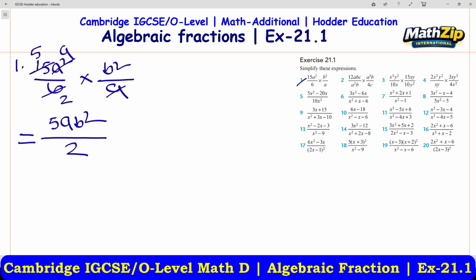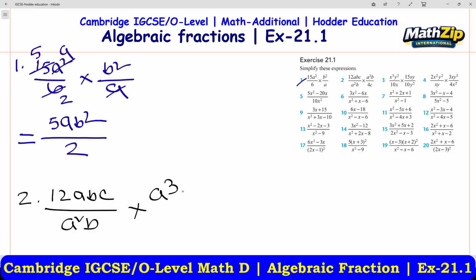Number 1 done. Number 2, 12abc ÷ a²b times a³b ÷ 4c. So first this 12 we can divide by 4, we will get 3.